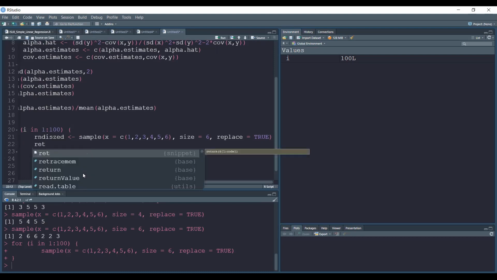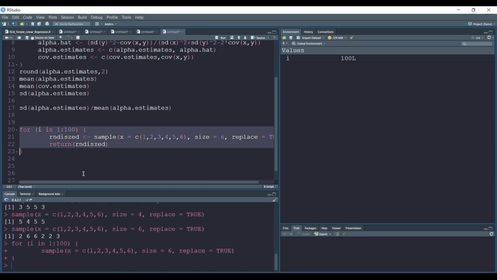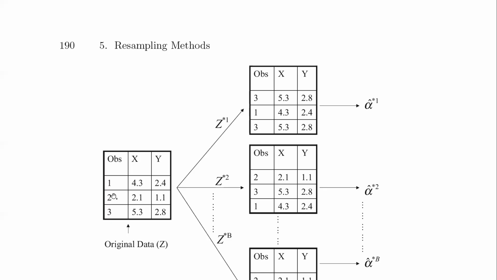And then we do return. That's interesting. If I asked it to return, why doesn't it? Anyway, the last one is 3, 5, 2, 3, 3, 5. All this just to show you how to do it in R, at least this initial part where for example the book from 1 to 3 has generated 3, 1, 3, 2, 3, 1, etc.